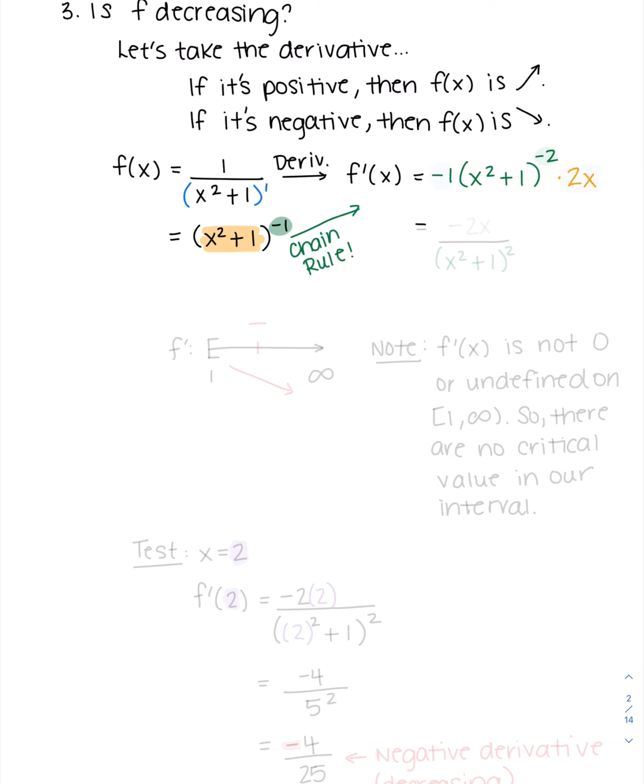So writing this a little bit nicer, what we have here is a -1 times a 2x, which will give us -2x. And then if we drop that negative exponent back down to the denominator, that -2, it will turn into x squared plus 1 squared on the denominator.